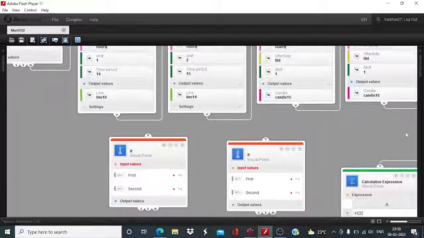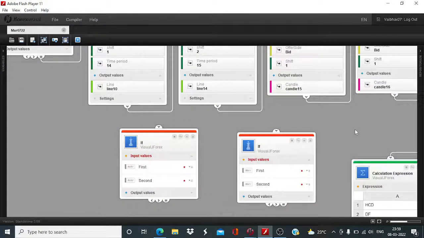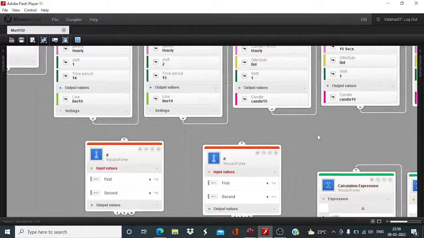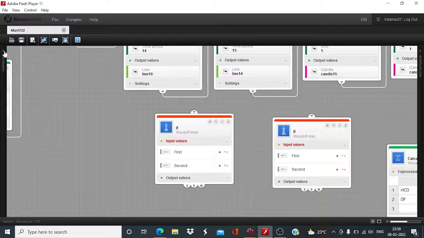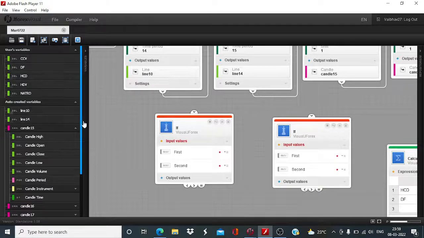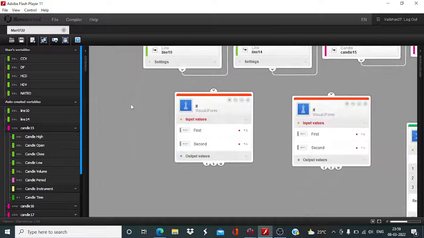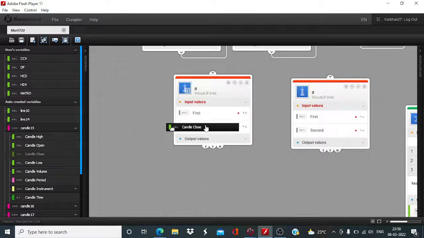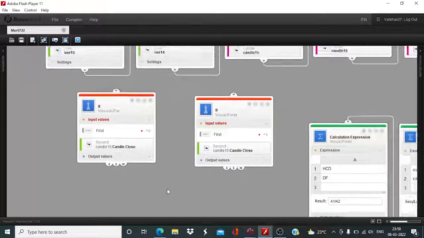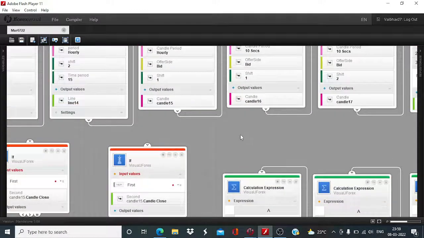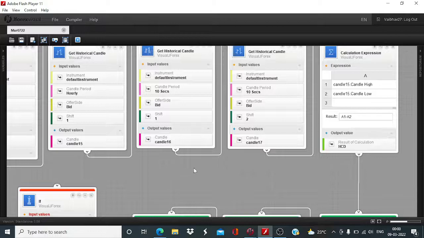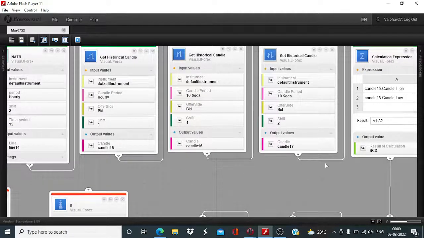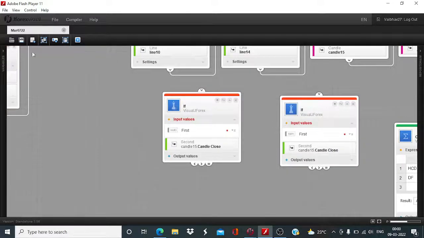Alright, we need the closing value of last hourly candle, which is candle 15. And after that, we also need the candle 16 and candle 17 closing value. So I will compare.